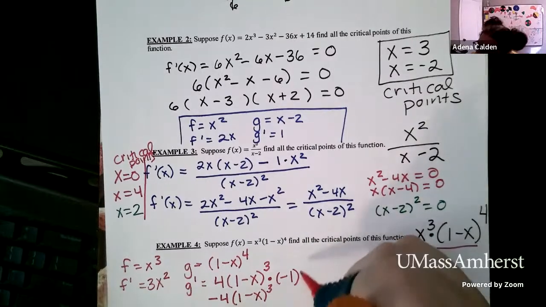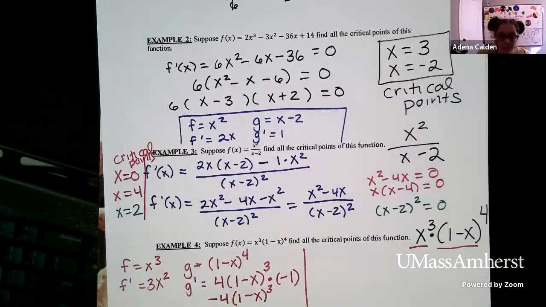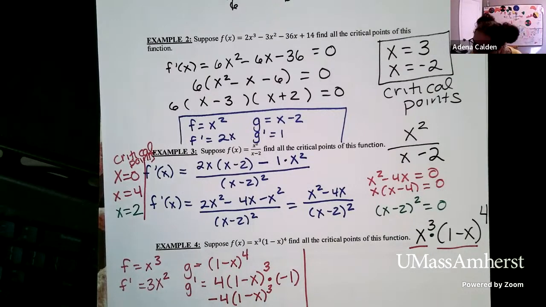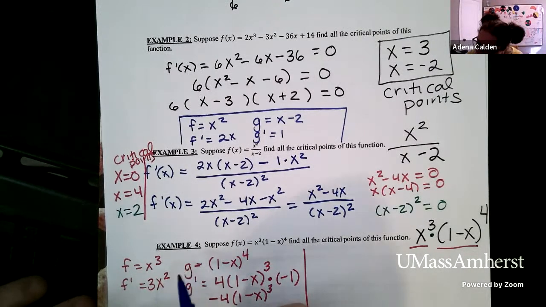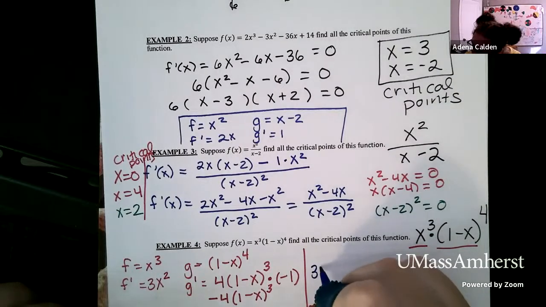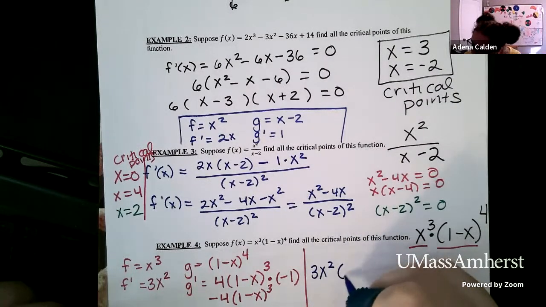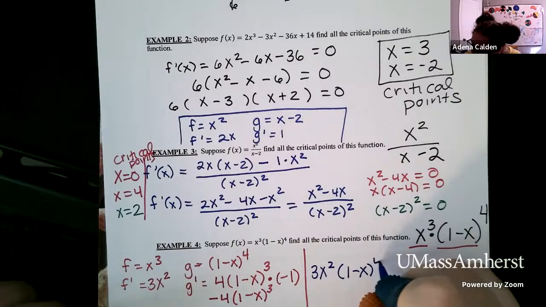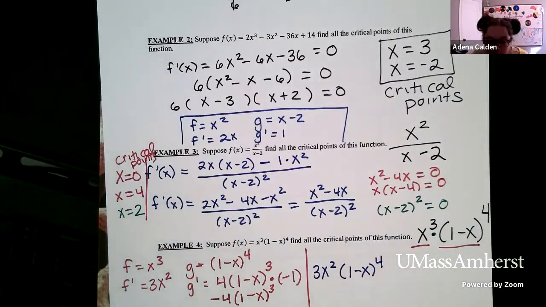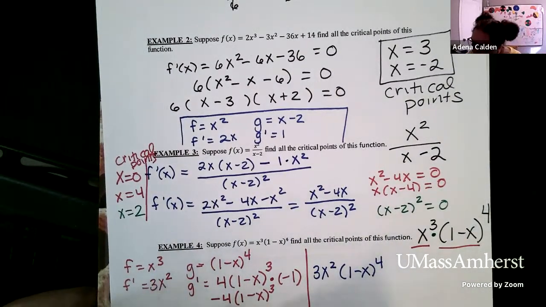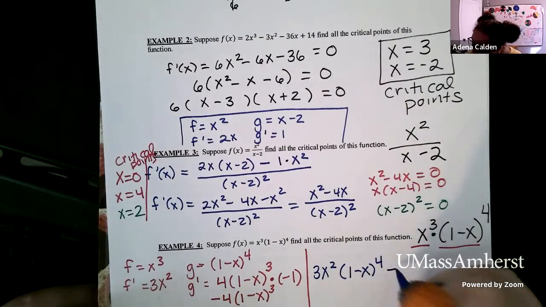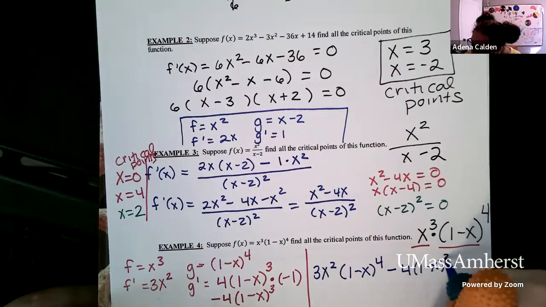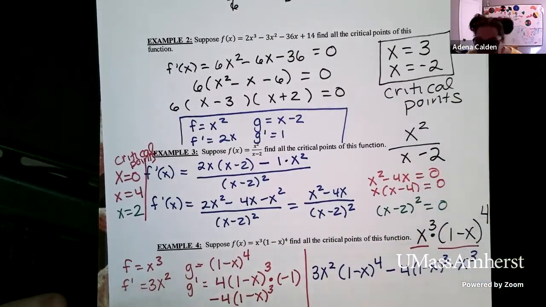Okay, so now when we put this together in the product rule, we're going to do f prime times g. So we have 3x squared times 1 minus x to the fourth plus g prime times f. But since there's a minus here, I'm going to do minus 4 times 1 minus x cubed times x cubed.